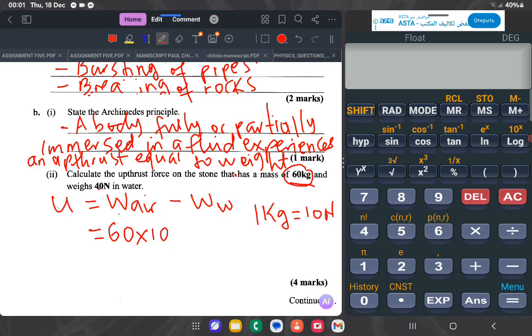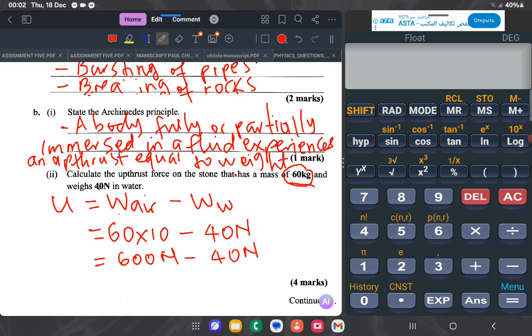Therefore, 60 kgs is going to be 60 times 10. And we are told that the same object weighs 40 newtons, so we subtract 40 newtons. 60 times 10 is 600 newtons, minus 40 newtons gives us 560 newtons.